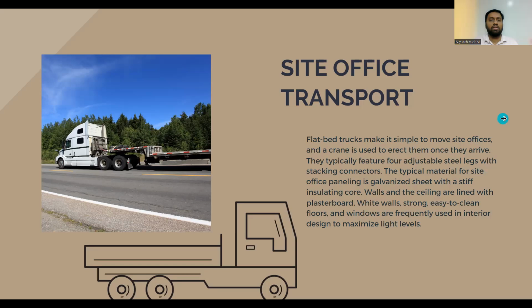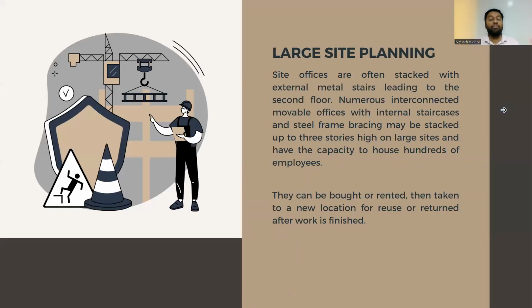Now let's look at the site planning if the site is very large. Normally, if the site is very large, the site offices are often stacked with external metal stairs. So sometimes they'll keep one container on top of another container, and external metal staircases shall be provided because it is easier for us to go vertically than horizontally because horizontally it will take too much area.